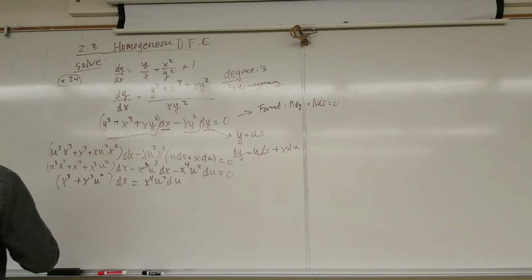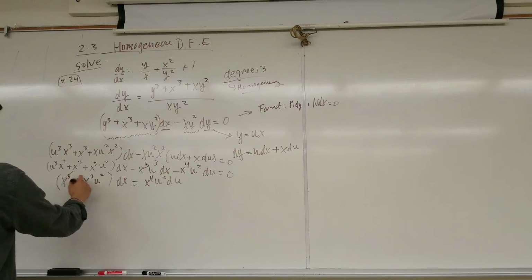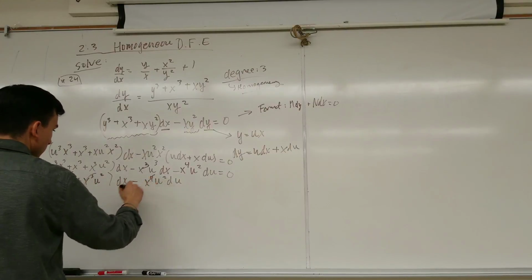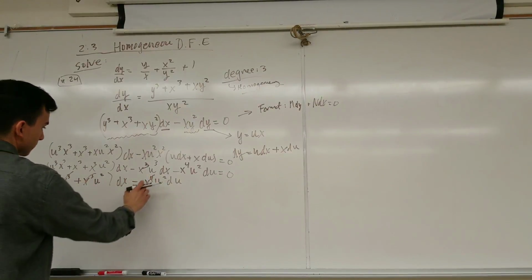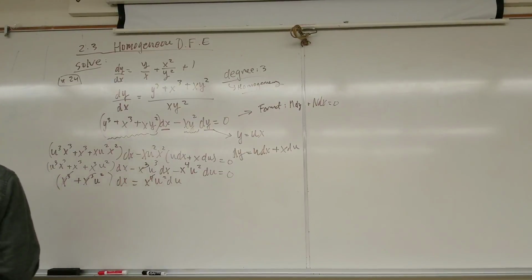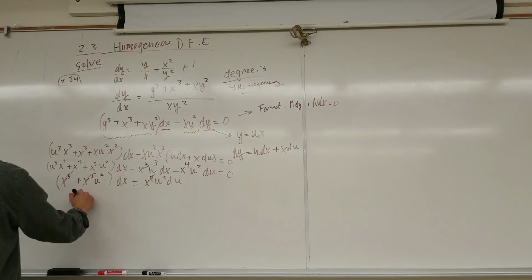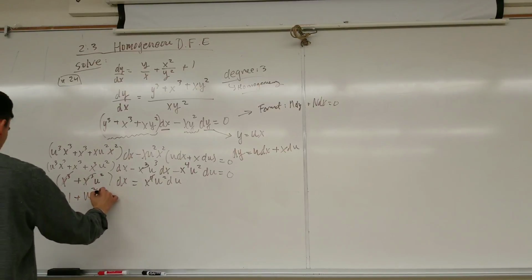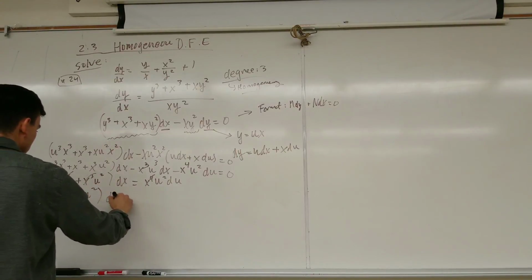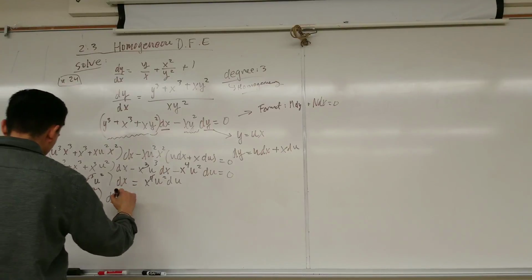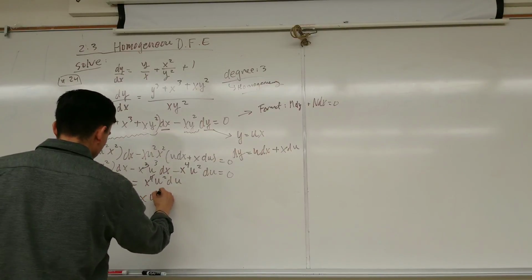And now our x cubes are going to reduce. That x is going to be simple x. Now we have 1 plus u squared dx equal to x u squared du.